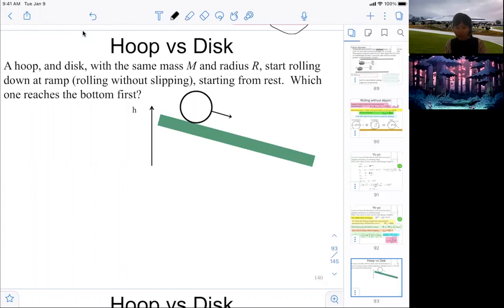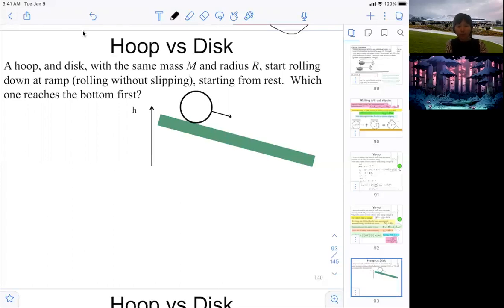They have the same mass, the same radius, and they start rolling without slipping from the same height of the ramp. Okay, so which one reaches the bottom first? You already know which one wins because of the previous clicker question and the demo we saw. But let's actually try to calculate which one has a bigger velocity of the center of mass, right? Because the one with the bigger velocity is the one who's going to go down first.